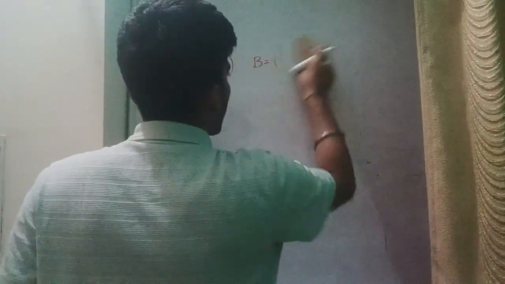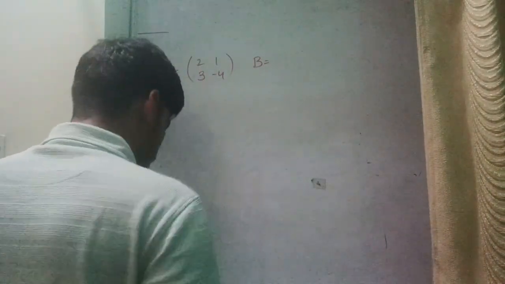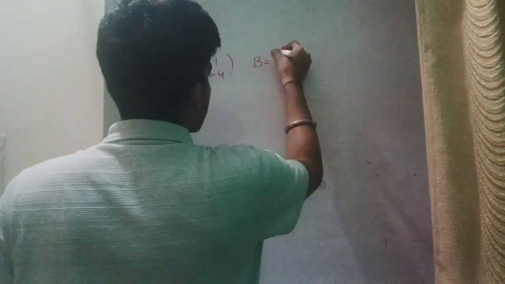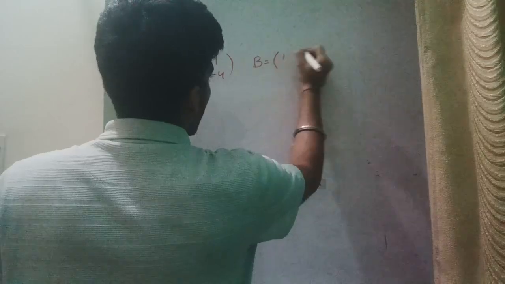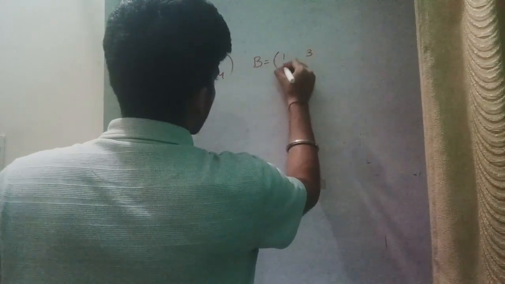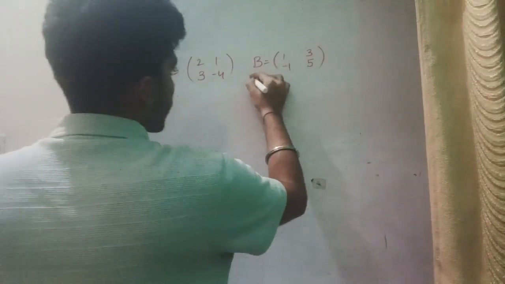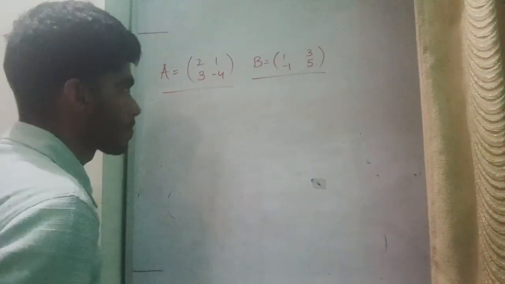So let me change my matrix B, and let's say I write it as 1, 3, minus 1, and 5, right? So let this be my matrix B, and this is my matrix C.